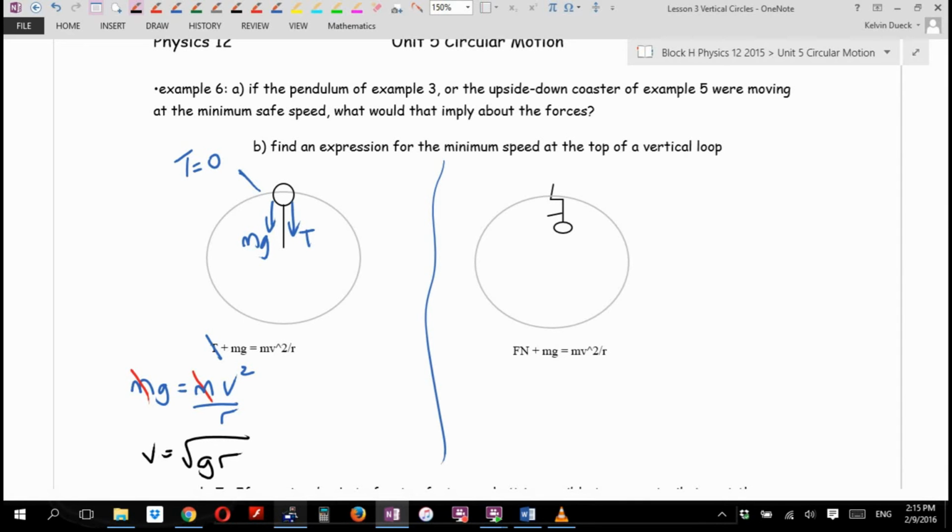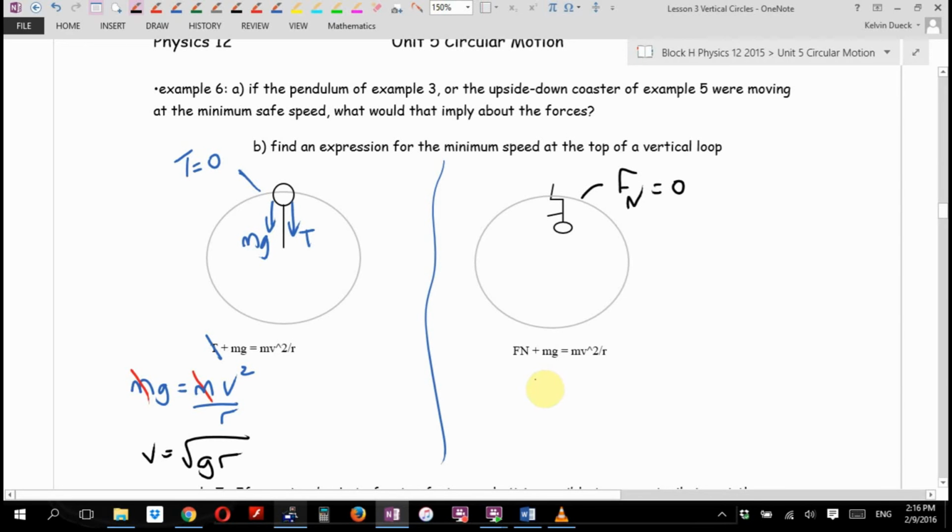What about for a roller coaster? What do you think the minimum safe speed for a roller coaster is? When the normal force equals 0, when you don't feel the chair pushing on you anymore, when you just start to enter free fall.